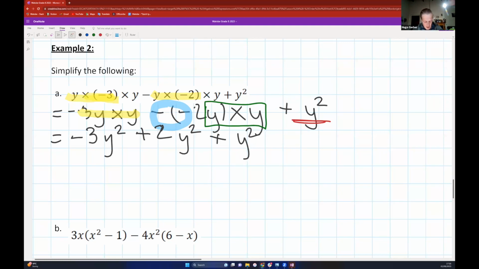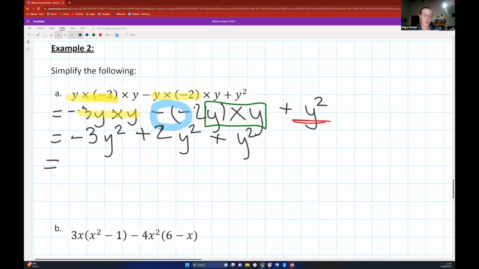Okay. Now this is already looking a lot simpler than it did when we looked at it first. We have 1, 2, 3 terms in this step that we just did. Can we add them up? Yes or no? I'd like to have in the chat, yes or no. Can we add these terms?